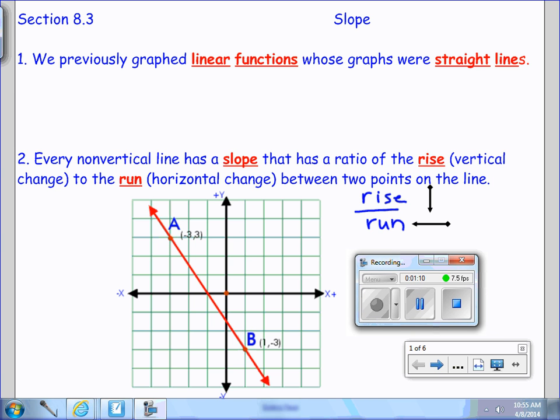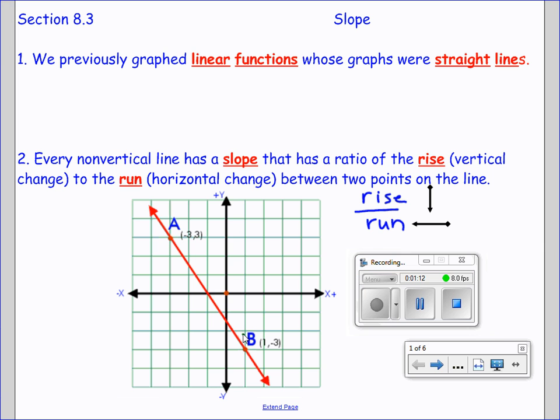So starting with B, I'm going to go up 1, 2, 3, 4, 5, 6. 6 will be my rise, and that is a positive number. Then I'm going to run 1, 2, 3, 4, and I did that in the negative direction.